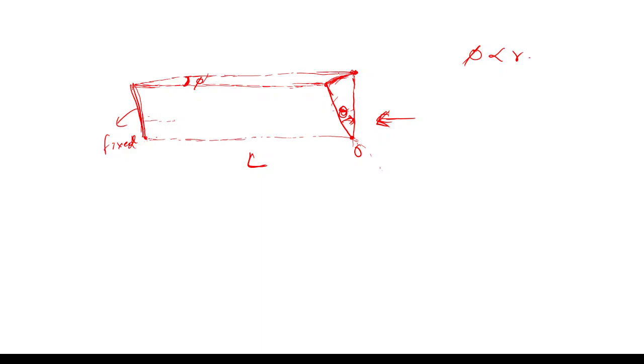And when I join this original shape with the final deformed shape to this fixed end, I could see the maximum value of phi at the outer periphery, whereas this value of phi will actually decrease, and here it will become 0.